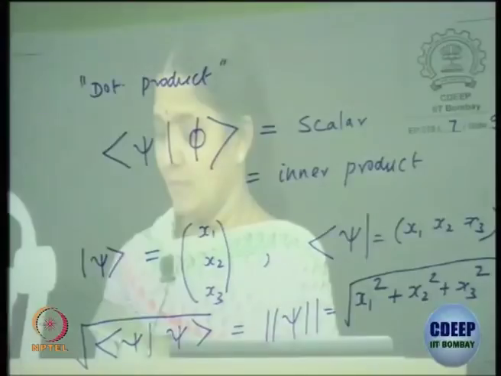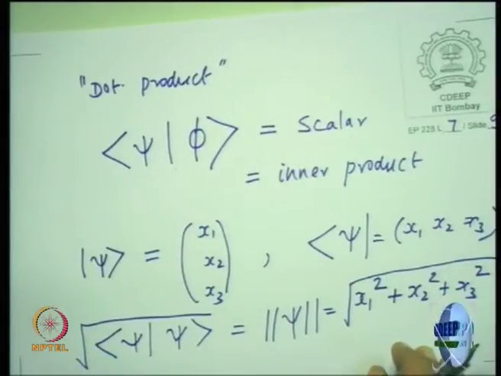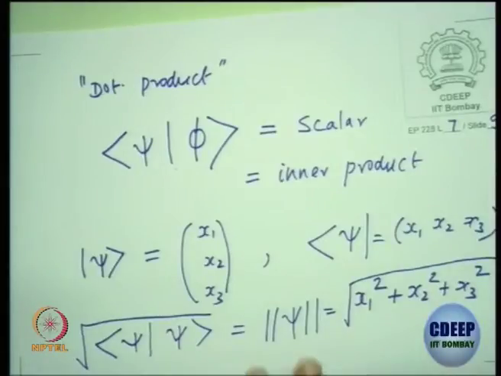Their sum of squares should be positive. This norm of the vector psi should always be positive, and it should also be finite. It should not be infinity. The norm, the length of the vector, cannot be infinity. It should be positive and finite.